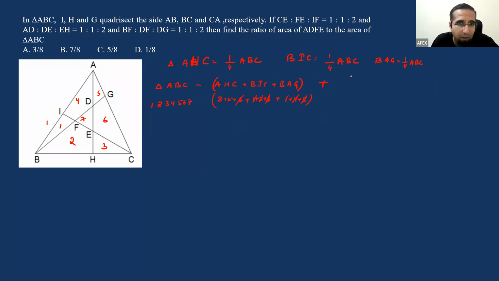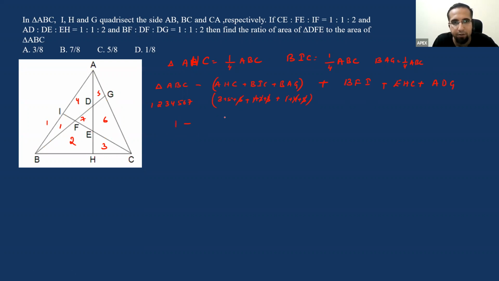That means I have to add back 1. What is 1? 1 is BFI. Clear? 1 is BFI. What is 3? 3 is EHC. And what is 5? 5 is ADG. Clear?